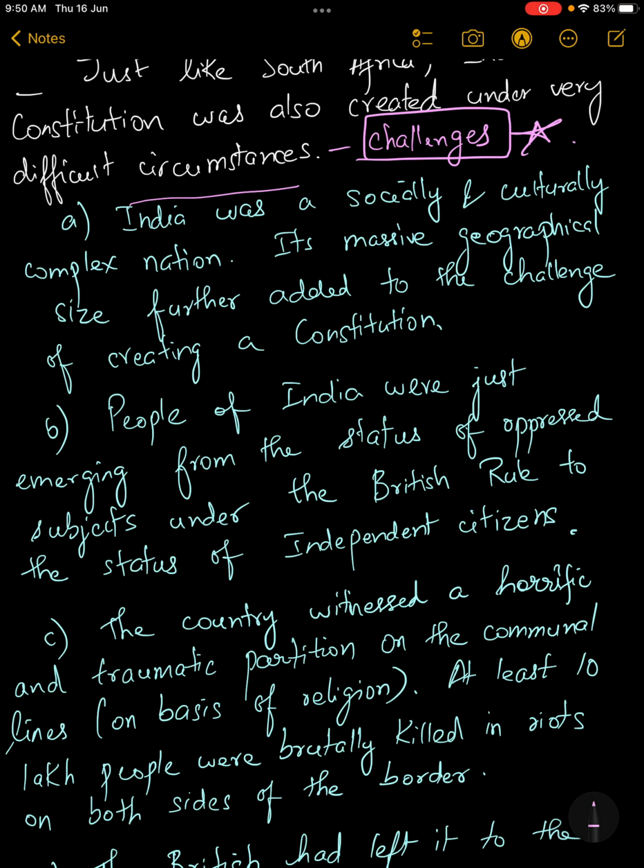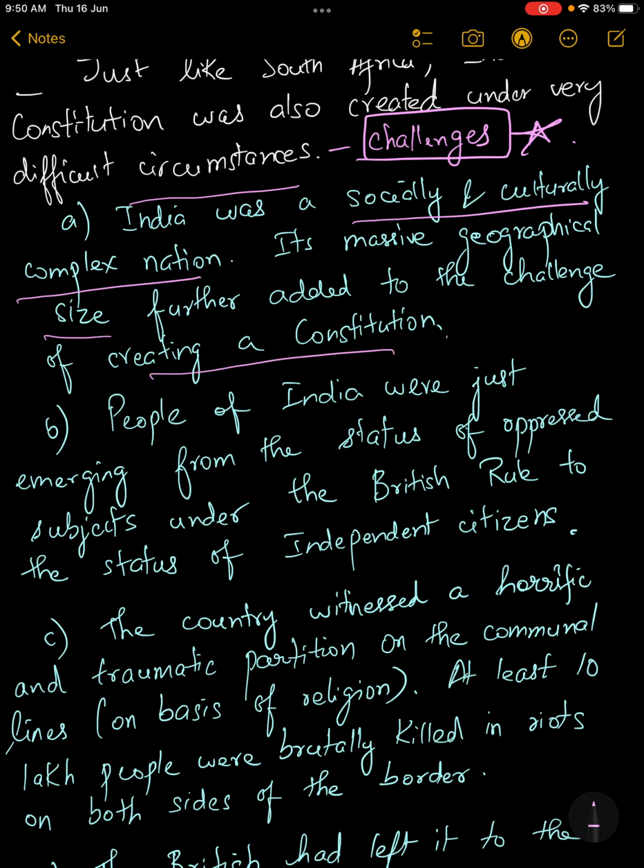The first challenge was that India was a socially and culturally complex nation, and it still is even today. It was a humongous nation, and its massive geographical size further added to the challenge of creating a constitution.